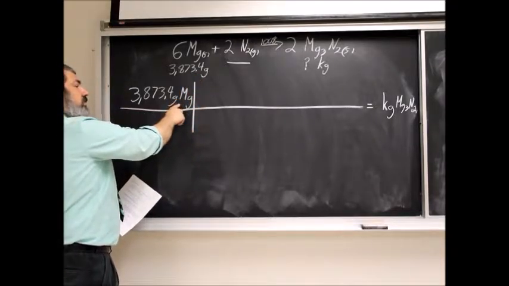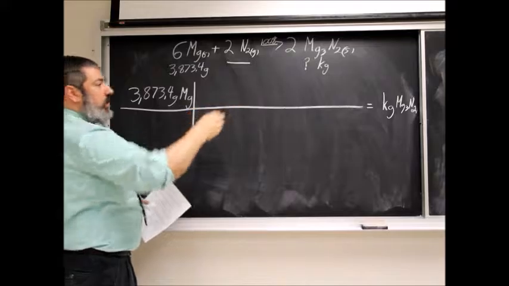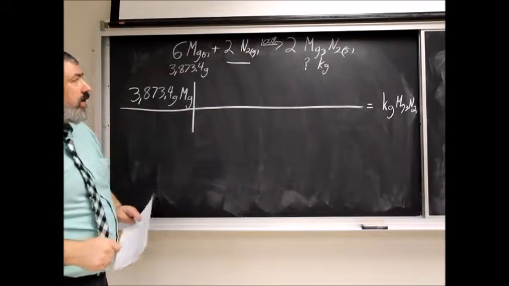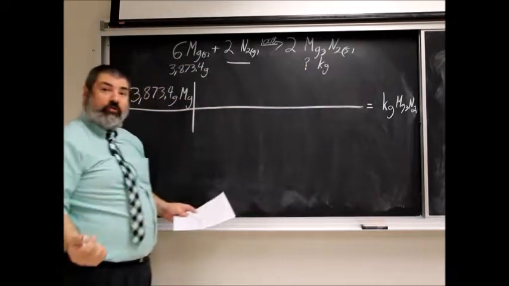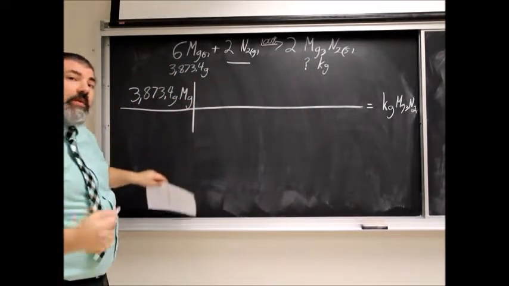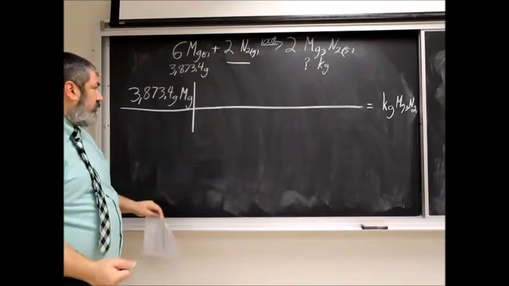We have grams of magnesium, we want kilograms of magnesium nitride. The relationship, we have 6 moles to 2 moles. However, those are moles. This is grams. So now this is where we begin our unit conversions.